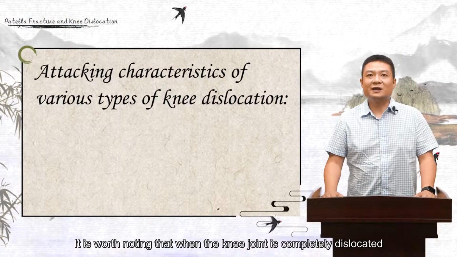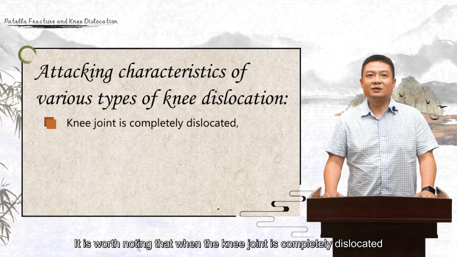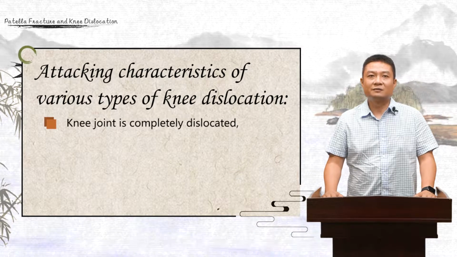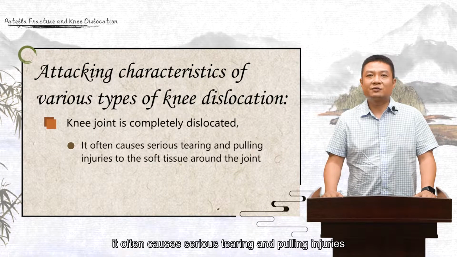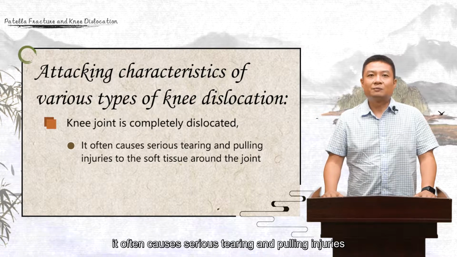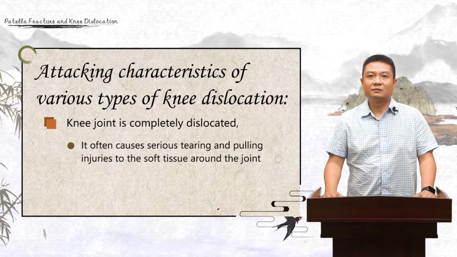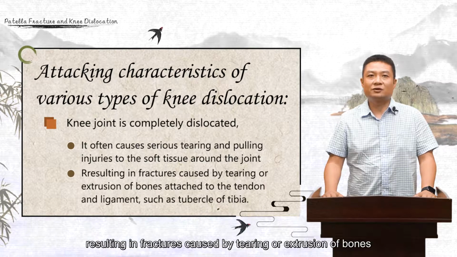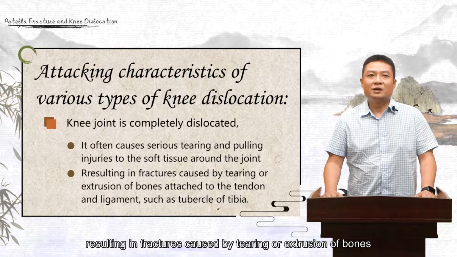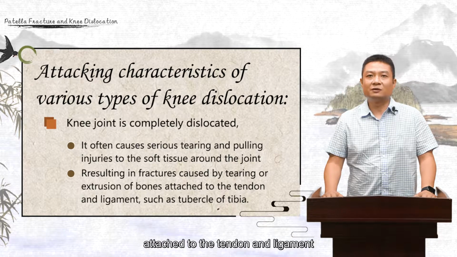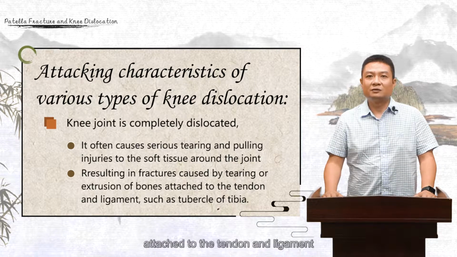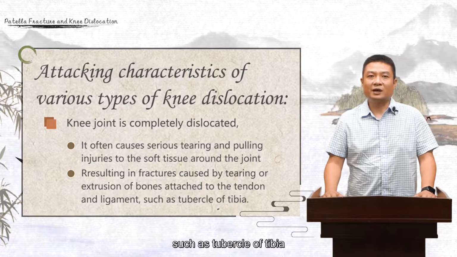It is worth noting that when the knee joint is completely dislocated, it often causes serious tearing and pulling injury on the soft tissues around the joint, resulting in fractures caused by tearing or extrusion of bone attachment to the tendon and ligament, such as the tubercle of the tibia.